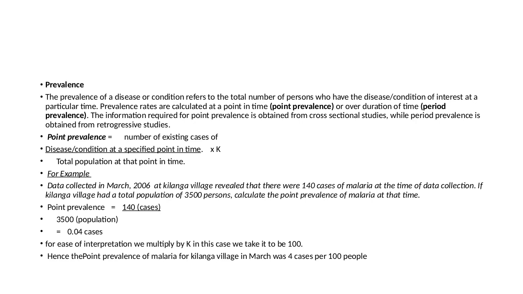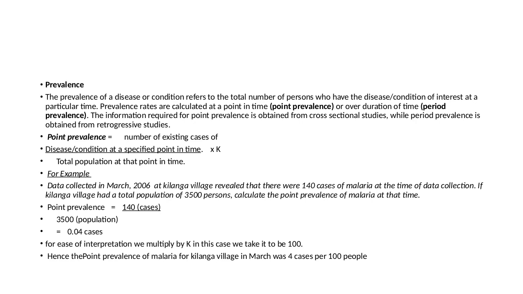Prevalence rates are calculated at a point in time or over a duration of time. You can either use a point prevalence or a period prevalence. For example, the number of old or existing cases of coronavirus up to today, that is point prevalence.